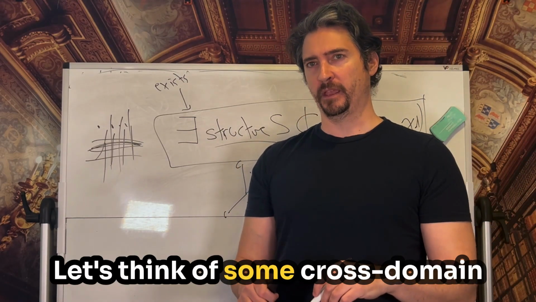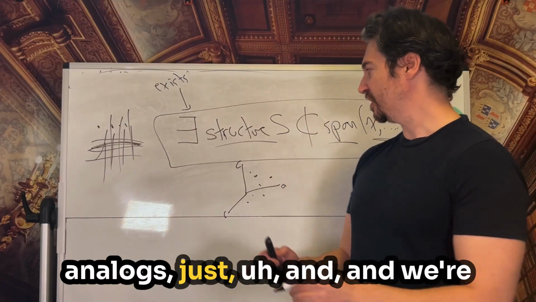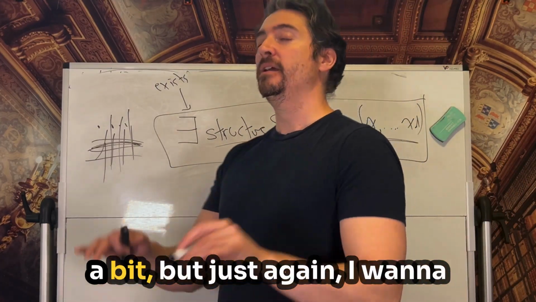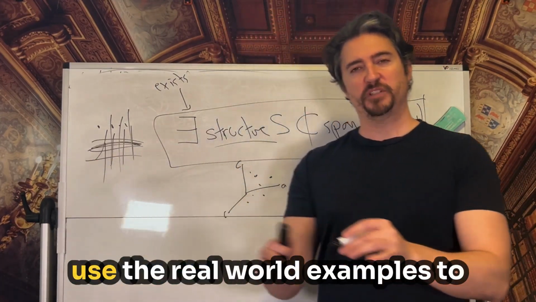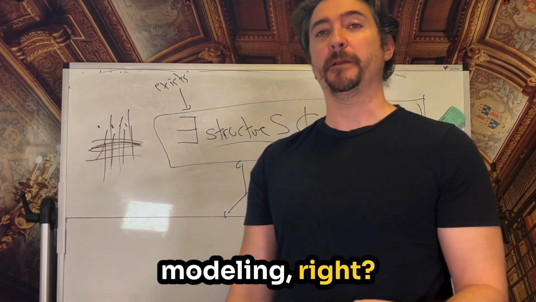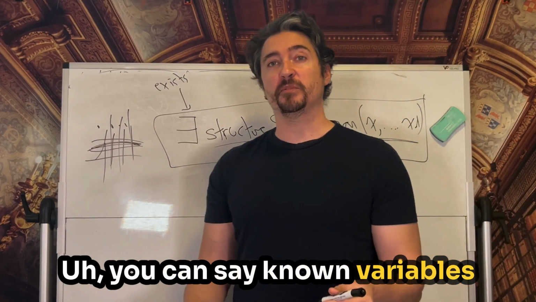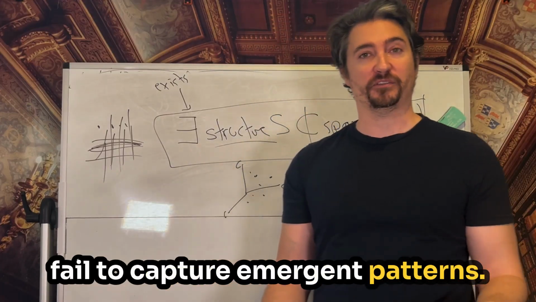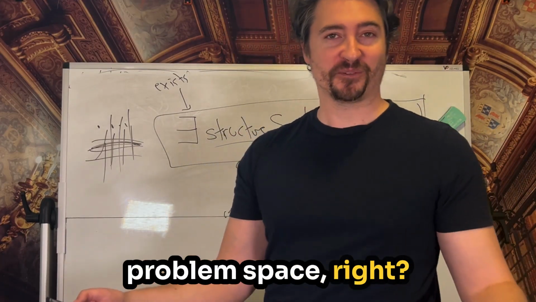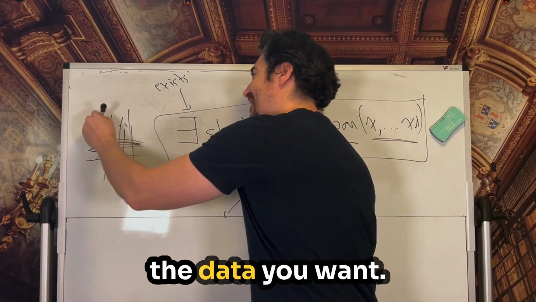Let's think of some cross-domain analogs, and we're going to get into a lot of the good math and science in a bit, but again, I want to use the real-world examples to help people understand, right? So think of climate modeling, right? You can say known variables fail to capture emergent patterns, let's say. Climate modeling is hardly a solved problem space, right? So you can collect all the data you want.